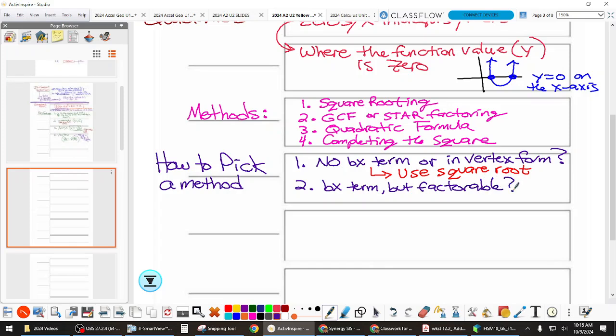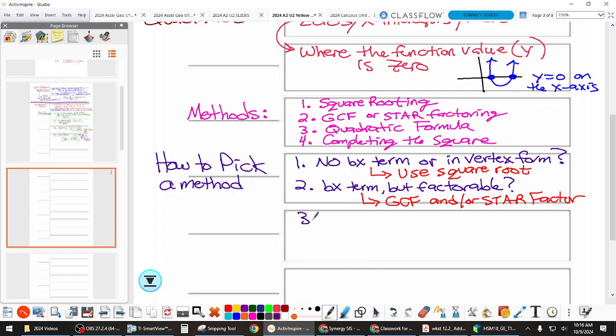So, a bx term but factorable. What should we do then? Yep, use method 2, right? So GCF and/or star factor. Okay?